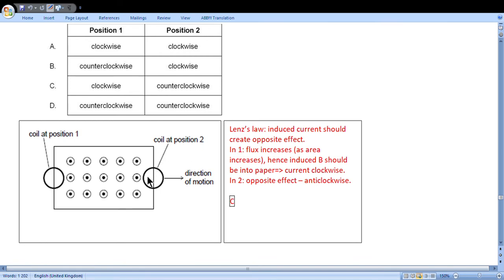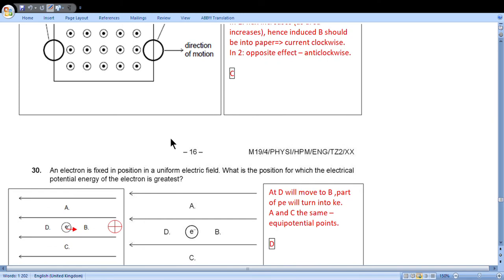Magnetic flux decreases, so according to Lenz's law the induced current should oppose the decrease by creating the same magnetic field, so anticlockwise or counterclockwise. So the answer is C. Position 1 clockwise, position 2 counterclockwise. This is a difficult question.